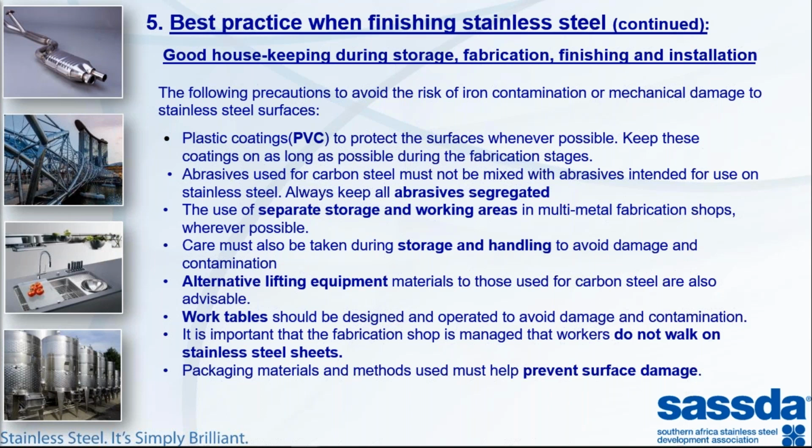Work tables are normally also designed to facilitate the work on stainless steel, so they will be clad with a thin inert layer, wooden layer, hardboard, cardboard, something like that. And the old thing that still happens even in our best facilities: do not walk on stainless steel sheets.